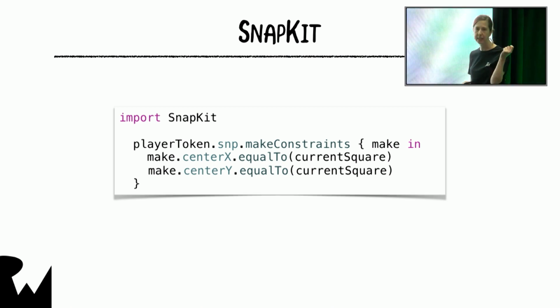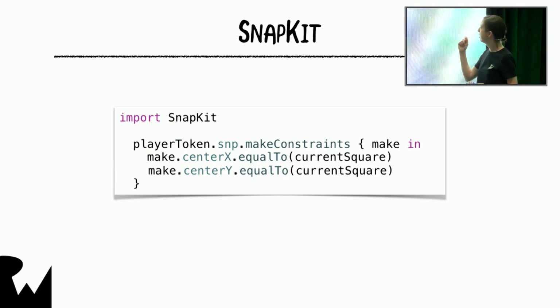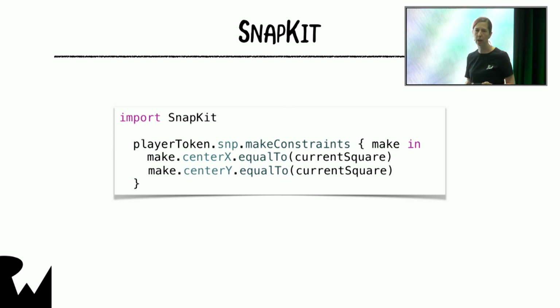We're importing SnapKit at the top of our file, and then all we need to do to make constraints is say playerToken.snp, for snap, .makeConstraints, and within the closure here we're able to make constraints using make, which is of class ConstraintMaker. It reads like English: we're making a centerX equal to the current square, which is another view defined in this particular example, and also centerY. It's pretty clean, less verbose again, highly recommended if you've got a lot of constraints happening in your projects.